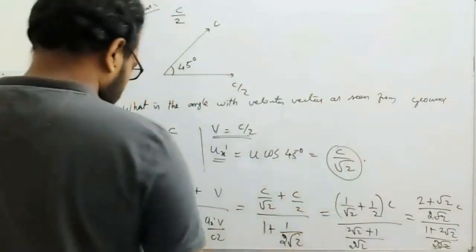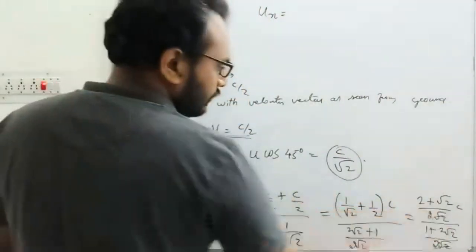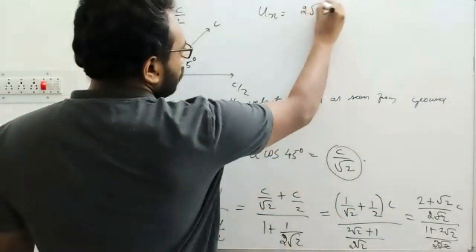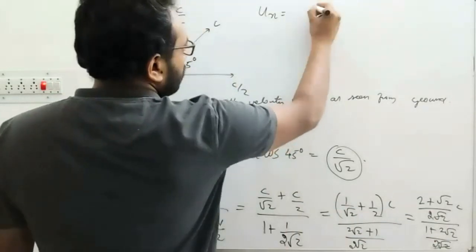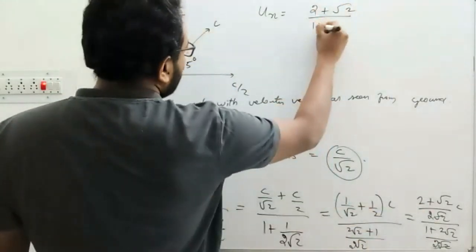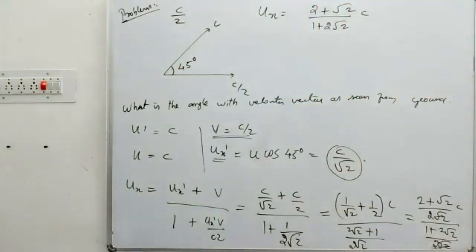So what do you get? You see that ux is equal to, you check the numerical thing, okay? That's equal to (2 root 2 plus root 2) divided by (1 plus 2 root 2) multiplied by c. Is that fine? Can we simplify it further? I think that's fine.